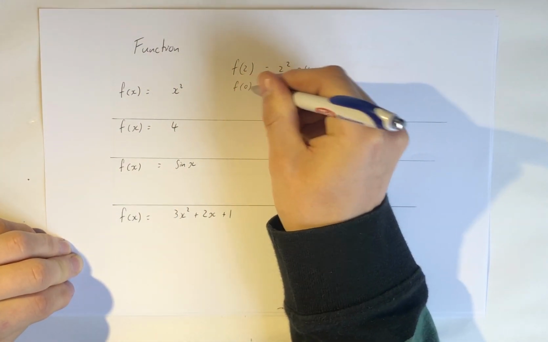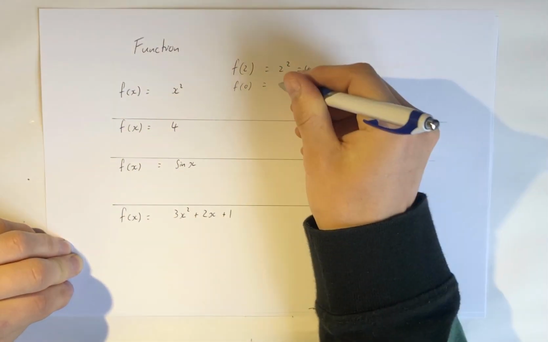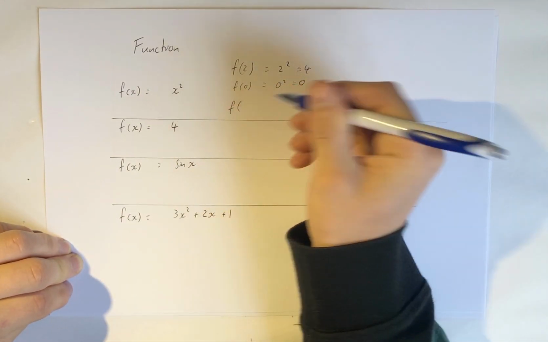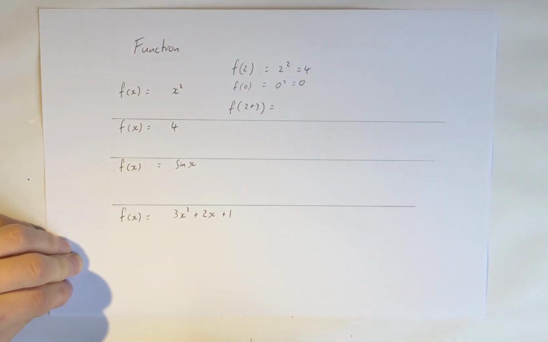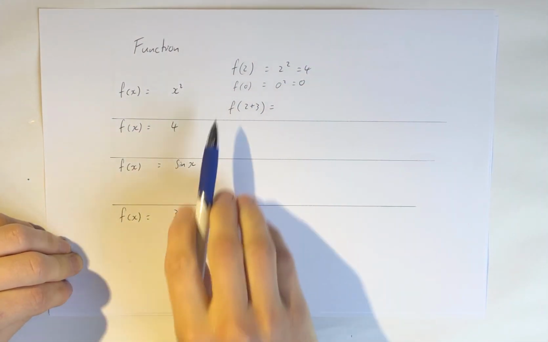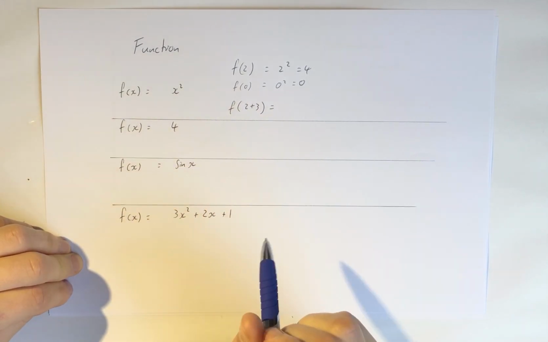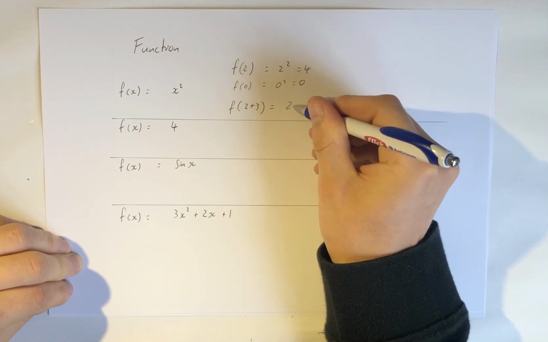Given f of 0, if I put 0 in, my output is 0 squared, which is 0. What I want you to think about is, if I give it f of, say, 2 plus 3. So have a think about what that might be. Well, that's just f of 5, which would be 25, wouldn't it?